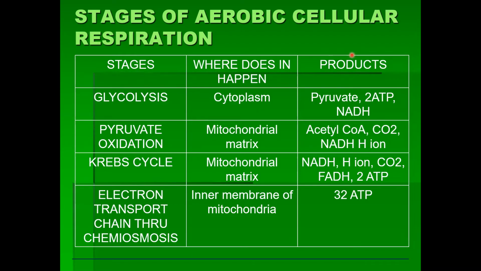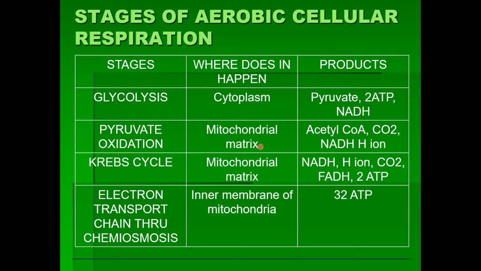Starting off with glycolysis, as you can see here, class, glycolysis happens in the cytoplasm as I mentioned a while ago. The products of glycolysis are pyruvate and 2 ATP molecules as a net. However, the total number of ATP molecules produced in glycolysis is 4, and then NADH. The next stage is pyruvate oxidation.